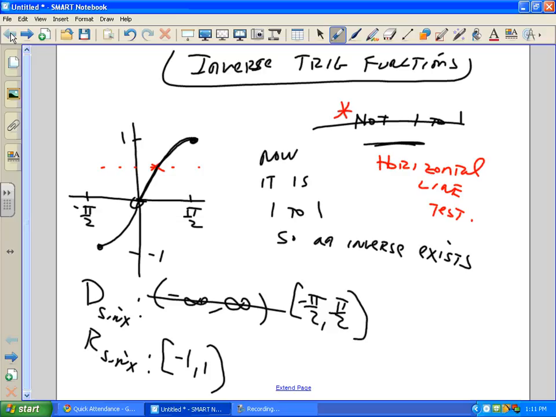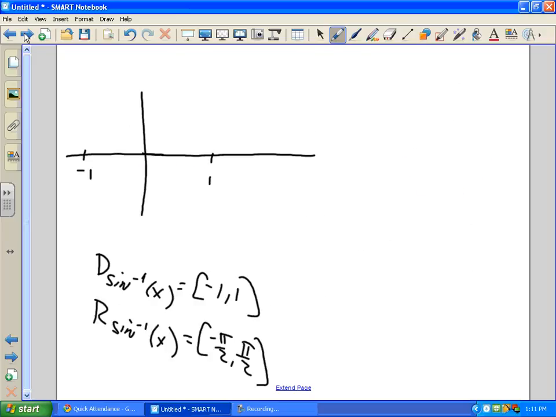So I'm going to take these values of -π/2, okay.